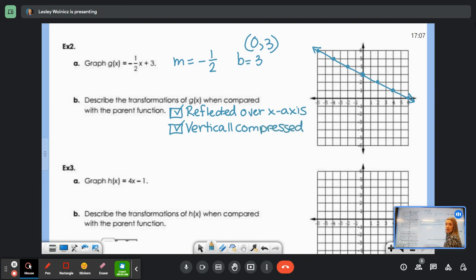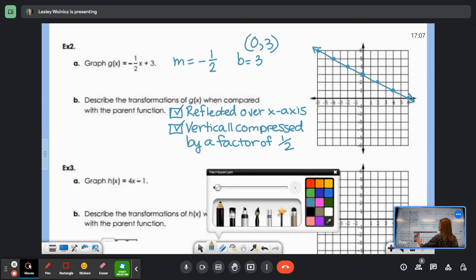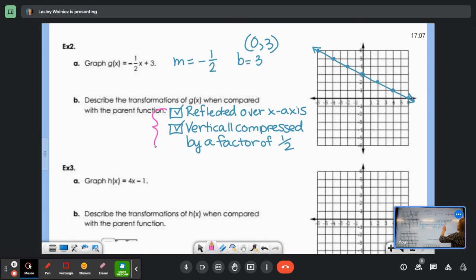And then I have to say how much? By a factor of 1/2. Notice that both of these came from my slope. From slope.